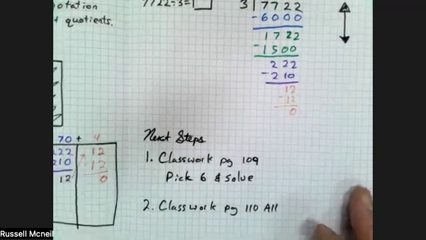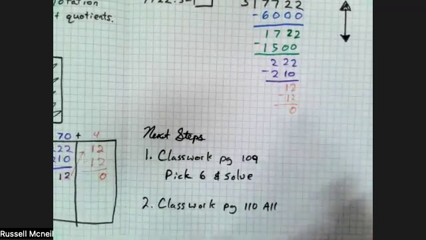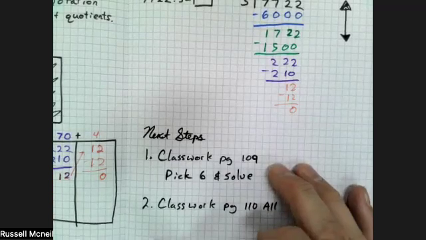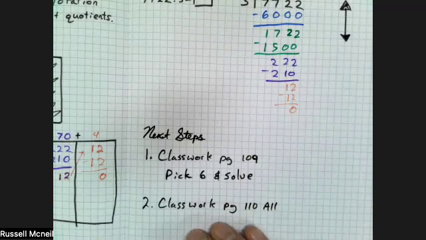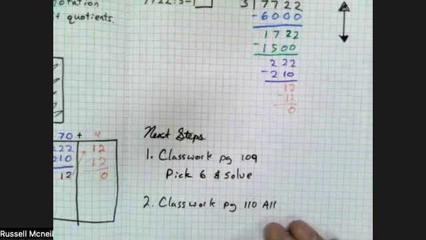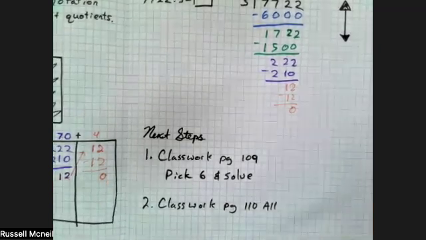And I will post your homework up on the board, but this is where we're going to start. So work on 109, pick 6 and solve, check your answers. Go back to the workbook with your partner, classwork, page 110, work all of them, and check your answers. For homework, it'll be posted on the board.